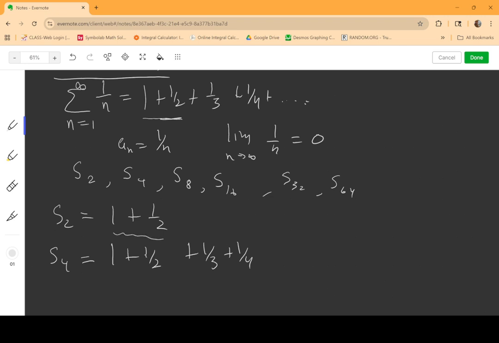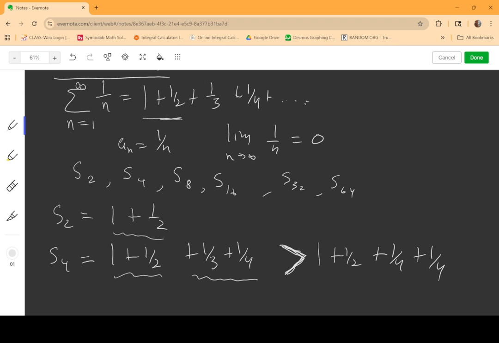I'm going to keep that block, and then for the next 2 terms, I'm going to say this sum is bigger than 1 plus 1/2 plus 1/4 plus 1/4. So I essentially replaced 1/3 with 1/4. And again, 1/3 is a bigger value than 1/4, hence the inequality greater than.